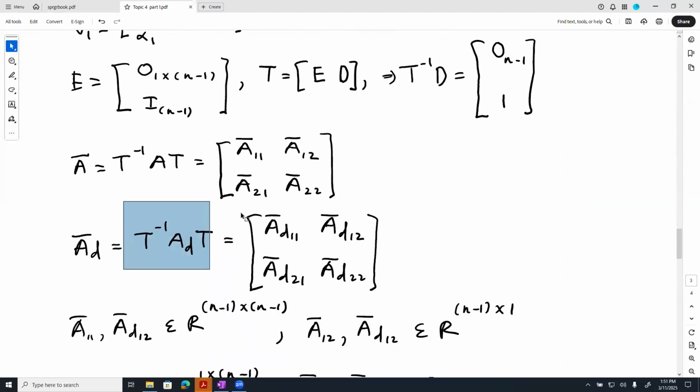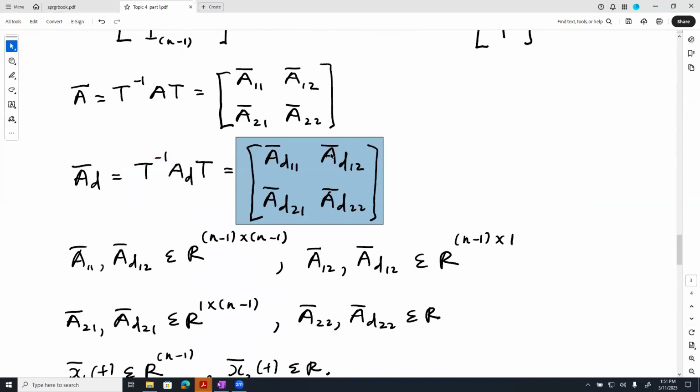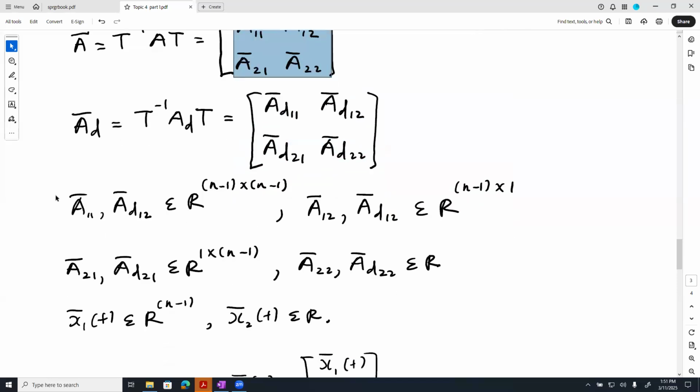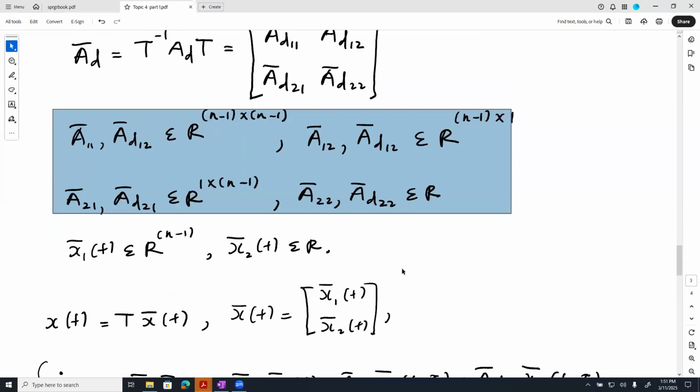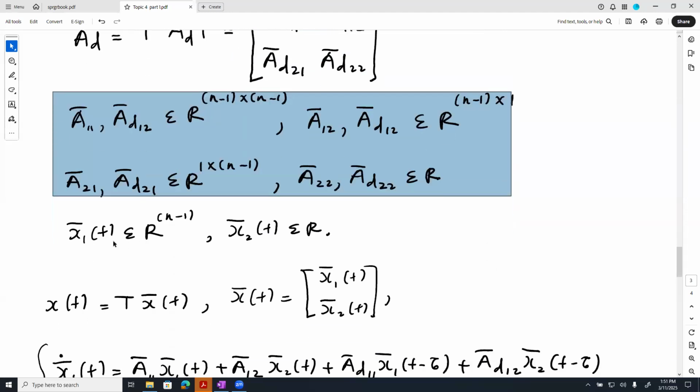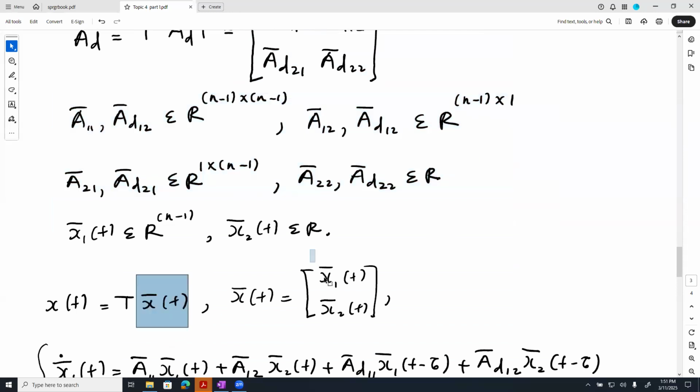And we also partition that matrix into submatrices accordingly, with dimensions similar to those of the submatrices in A bar. Okay, so we specify the dimension of all these submatrices. And then we also partition the vector x bar of t in terms of x bar 1 of t, which has dimension n minus 1, and x bar 2 of t, which is of dimension 1.